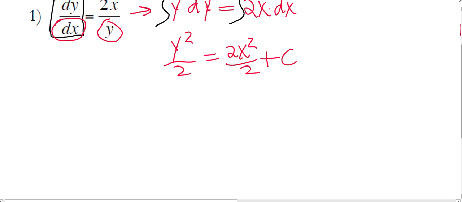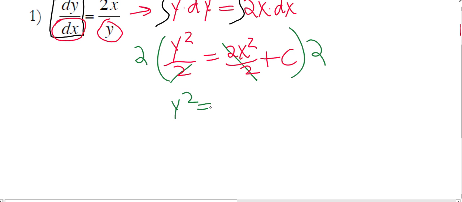So to solve for y, if we multiplied both sides by 2, that would get rid of this 2, and of course these two already cancel. If I multiply by 2, we would end up with y squared is equal to x squared plus c.